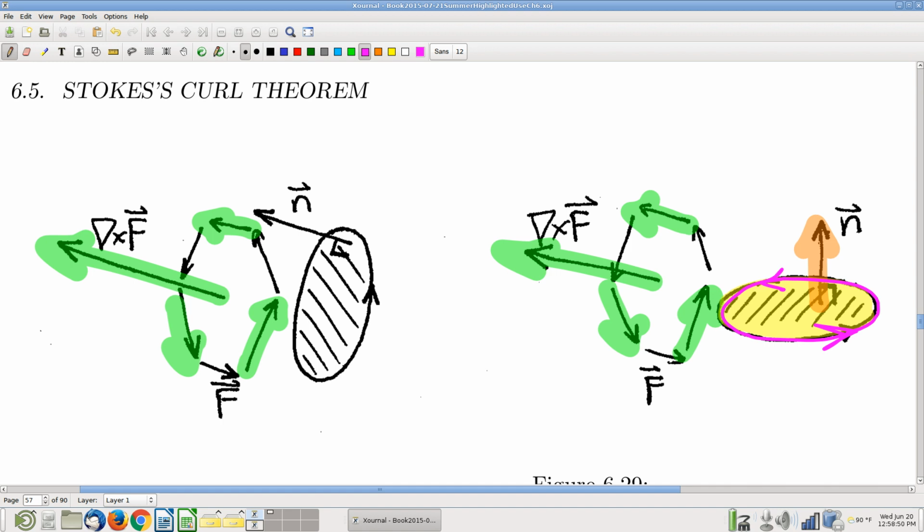Well, it's not really. I mean, look, there's a lot of circulation in the fluid, right? The fluid's doing a lot of this, but to what extent is this circulating fluid going around this boundary curve? It's not. As the fluid is going around like this, it's going up on this side. Well, the curve is going this way. When the fluid's going that way, they're not going the same direction.